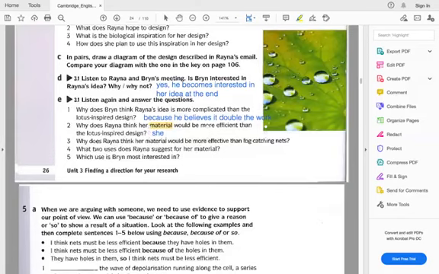She believes that it will be more efficient because it can collect water from fog rather than from rain.